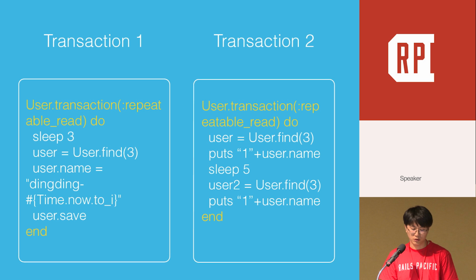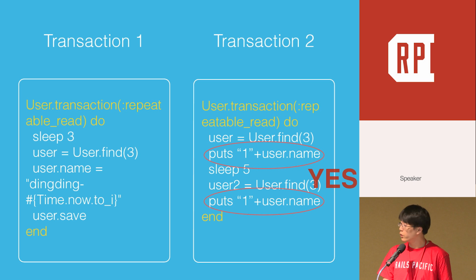So let's go back to the example. When the first find of transaction 2 is executed, it saves a snapshot, and for the queries in the same transaction before the commit statement, it will always return the same record, no matter whether other transactions are updating the record or not. So in transaction 2, the second find statement will always return the old value from when the first statement was executed.